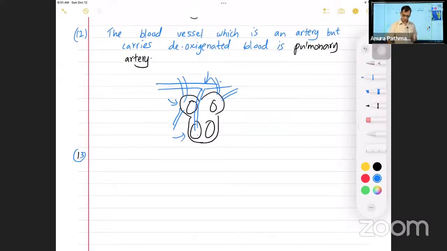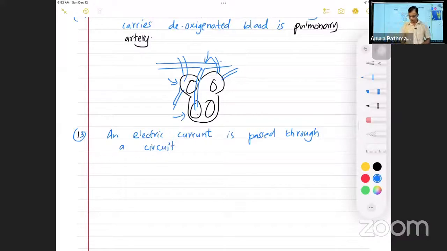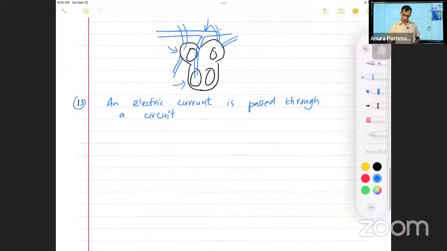An electric current is passed through a circuit, as given below.